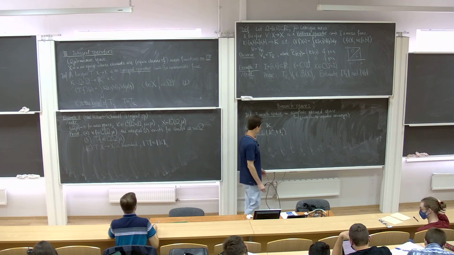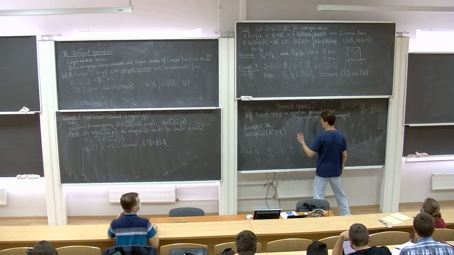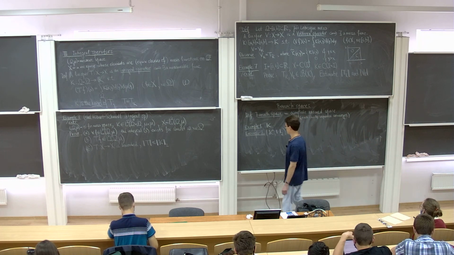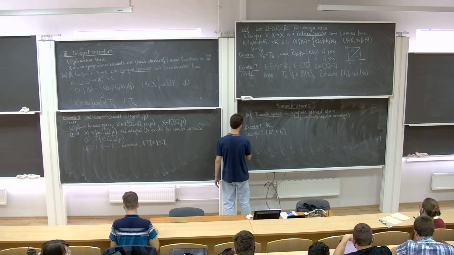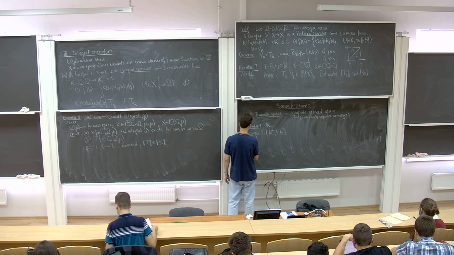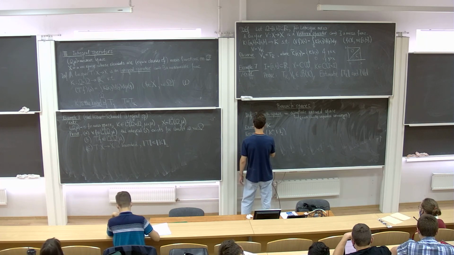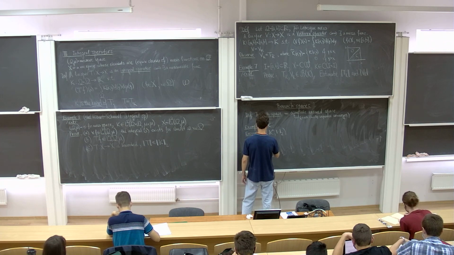Now, the natural question is, what happens if we replace the Euclidean norm by some other norm on K^n? And the answer easily follows from the following proposition. Suppose that X and Y are normed spaces.